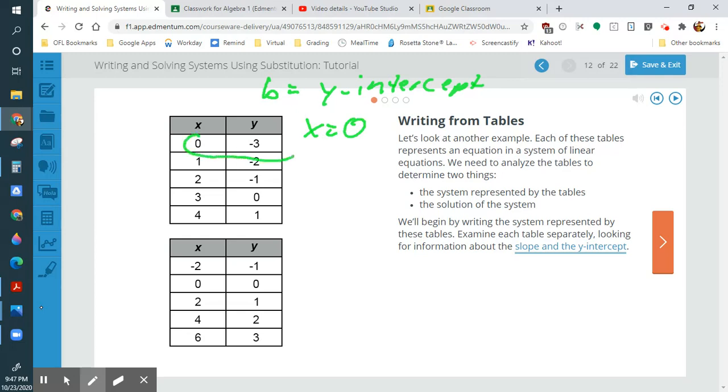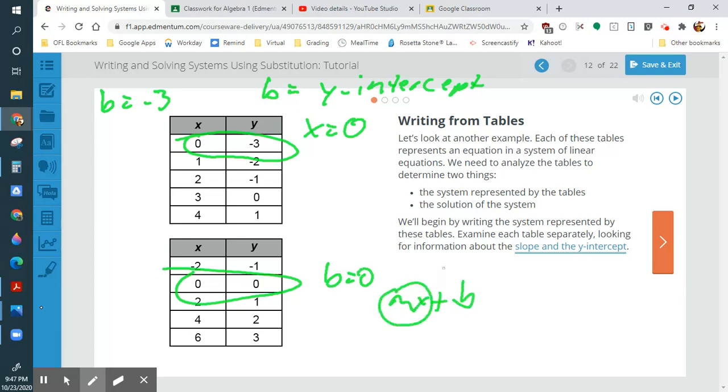So check this out. This equation has b equals -3. Simple. This one does not have a b. b equals 0, and when we add 0 to anything, it stays the same. So we're only going to focus on this one. This one's a direct variation.